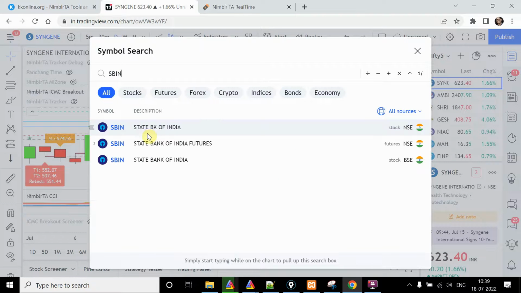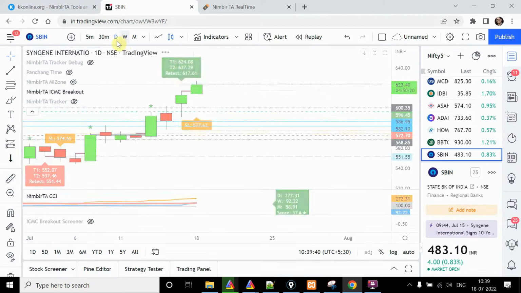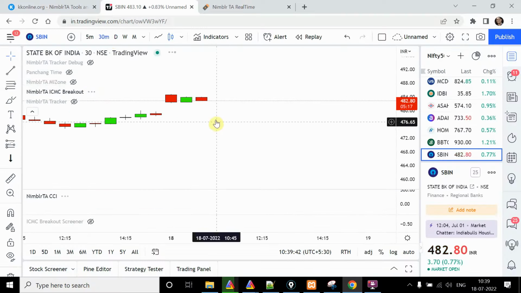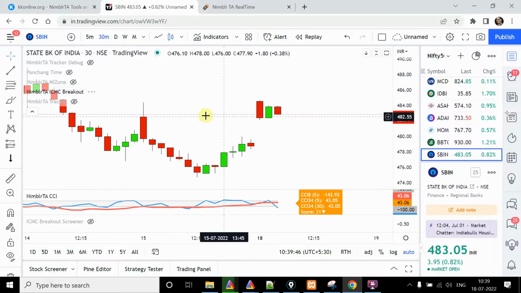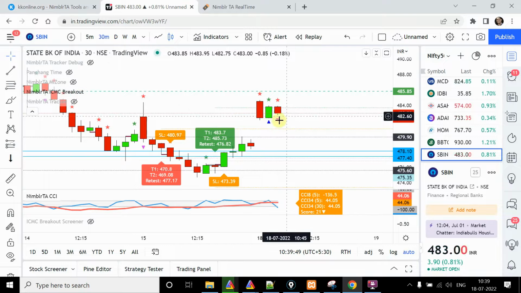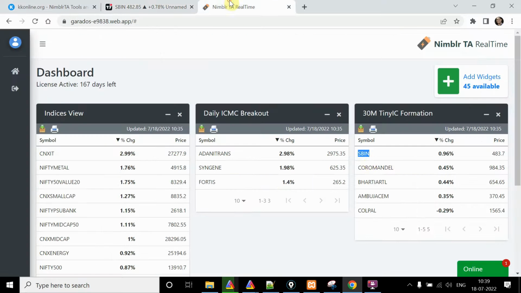Do note that this is live market, so it is basically happening live. By the time the trigger happens, in real time, it shows you the values. So at this moment, when the trigger happened, it gave me an ICMC signal and the TinyIC information. However, by the time I am already on the chart, that probably might have changed.